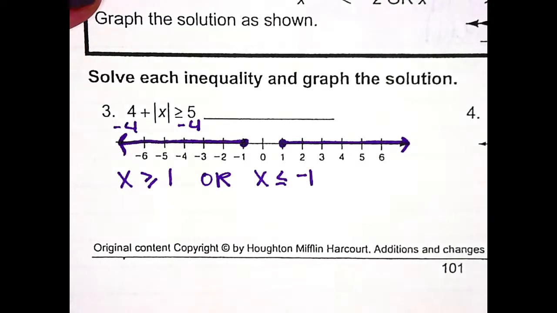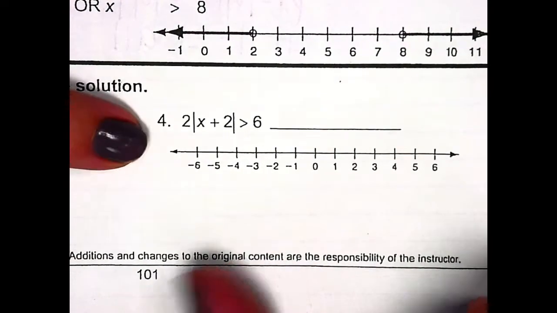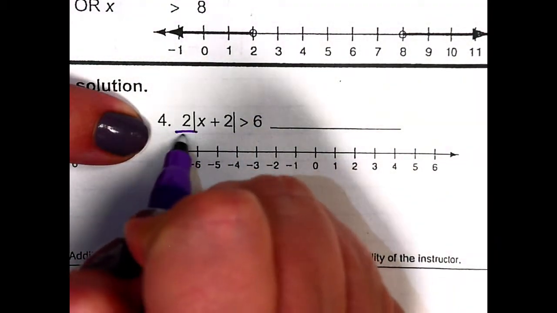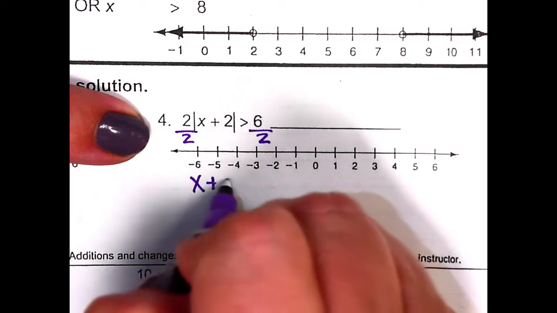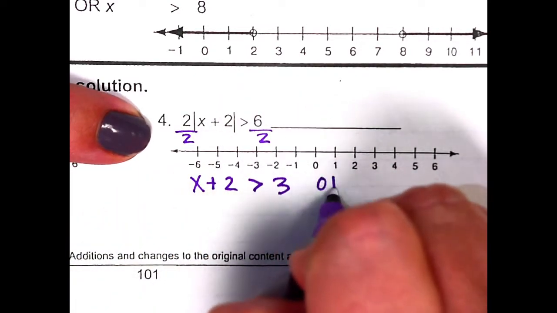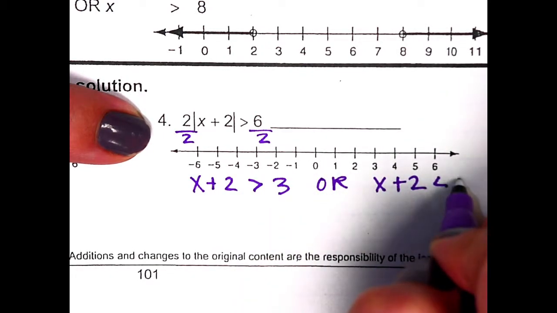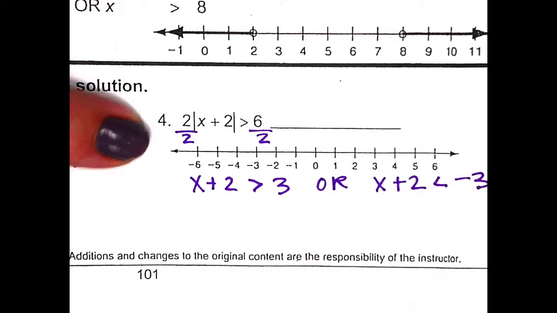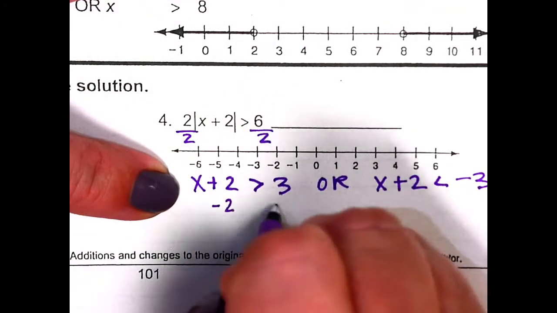Okay. And then for number 4, to isolate the absolute value, I have to divide by 2. So I have x plus 2 is greater than 3, or x plus 2 is less than negative 3. So to get x by itself, I need to subtract 2.